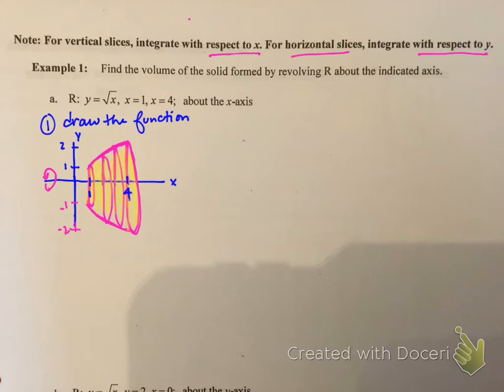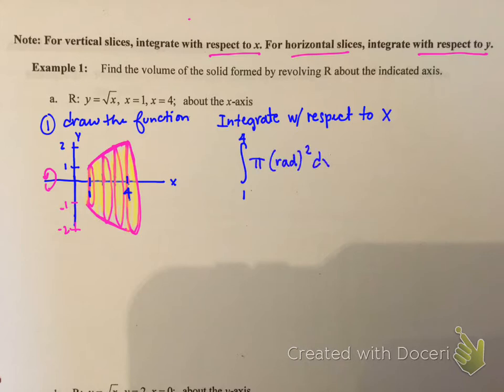I'm integrating with vertical slices, so I know I have to integrate with respect to x. So I'm going to integrate from 1 to 4 pi times the radius squared dx.